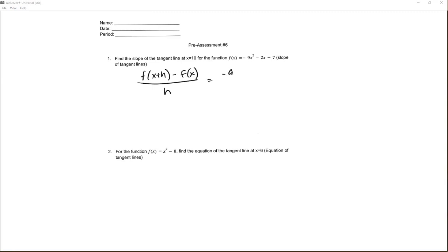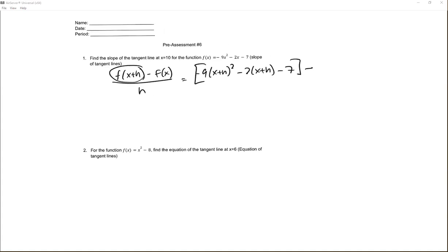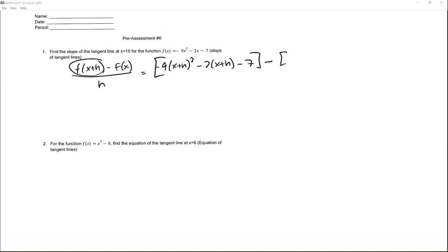It'll be -9 times x plus h squared minus 2 times x plus h minus 7. Bracket that off because that's this portion right here. Minus the f of x, which is just -9x squared minus 2x minus 7, all over h. Again, the first two problems, just multiply this out.